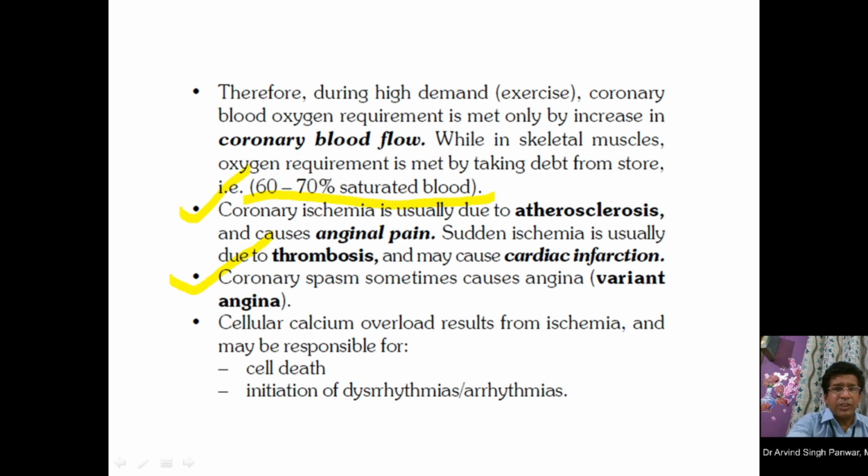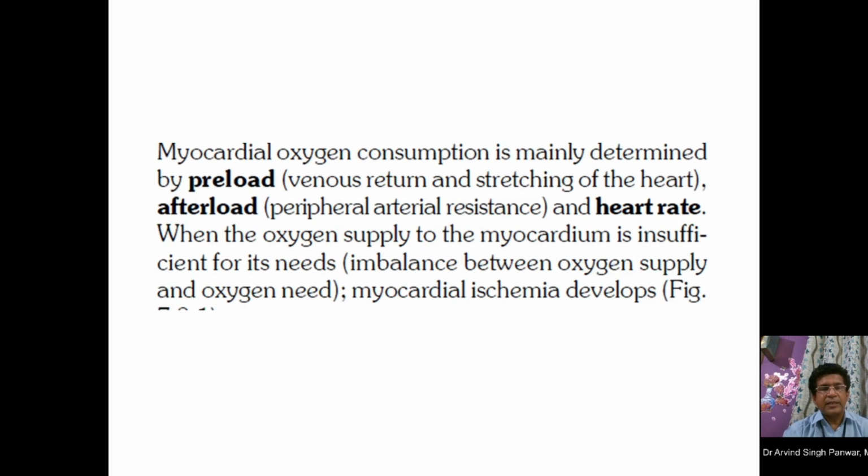Cellular calcium overload results from ischemia and may be responsible for cell death and initiation of dysrhythmias or arrhythmias. Overall, myocardial oxygen consumption is mainly determined by the preload, that is venous return and stretching of the heart, the afterload, that is peripheral arterial resistance, and heart rate.